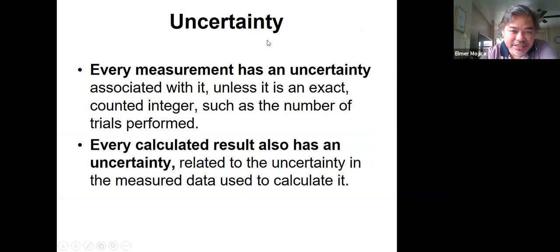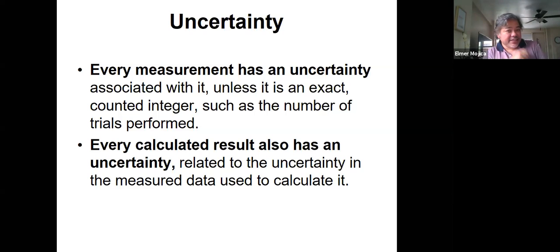Okay? So the next thing that we're going to do in the chapter, and this is the last topic that we have in this chapter, is the so-called uncertainty. So as I have told you, every measurement has an uncertainty associated with it unless it is an exact counted integer such as the number of trials performed. And not just that measurement, you also have to take into consideration every calculated result also has an uncertainty related to the uncertainty in the measured data used to calculate it.